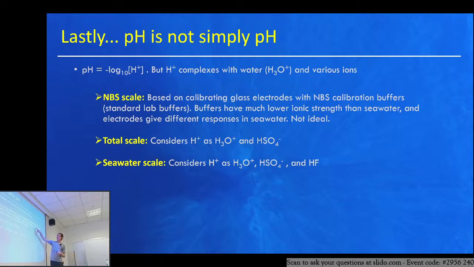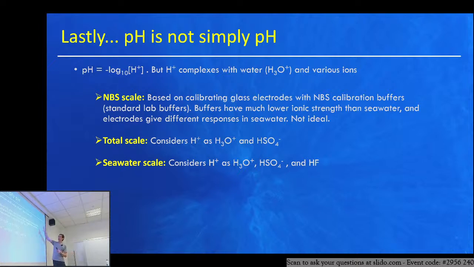Now, the issue with these is that when you calibrate a glass electrode with an NBS type lab calibration buffer, this buffer has a very much lower ionic strength than seawater. So your electrode behaves differently in the buffer than it does in seawater. First of all, there's an offset between the scales, but there are also additional uncertainties that come in from the electrode design that you can't really quantify well.